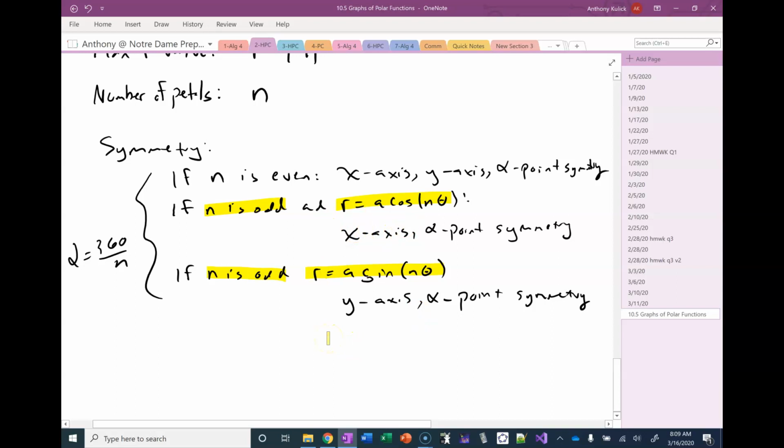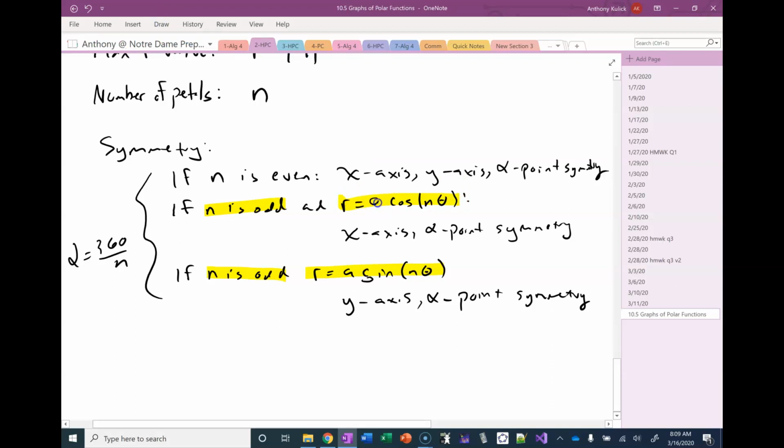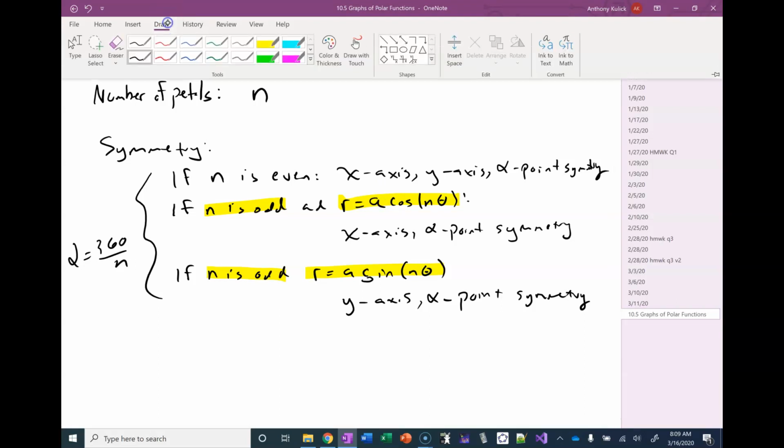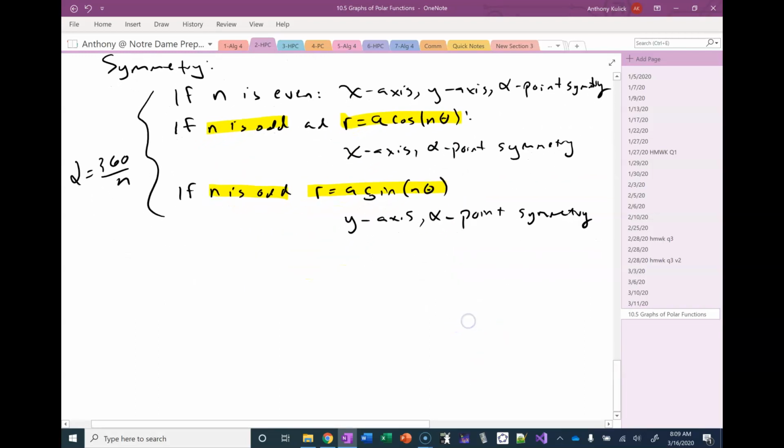Is that right? I don't remember. That's the reason, though. It has to do with which one of these has which kind of symmetry. You'd have to think about it a little bit harder, and quite frankly, I'm doing this at 8 in the morning, and I don't recall right off the top of my head. But that's not material right now. I was just trying to come up with a way to remember it, but since I can't remember it that way, it's probably not going to be helpful to you to remember it that way.